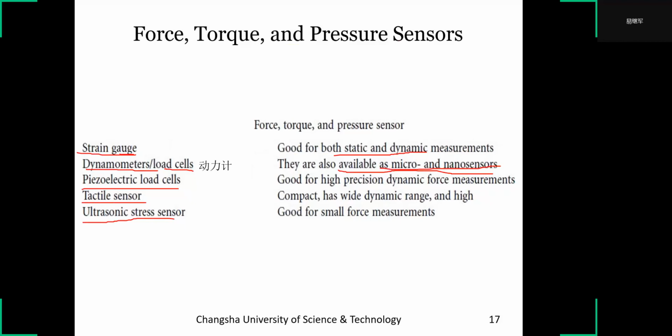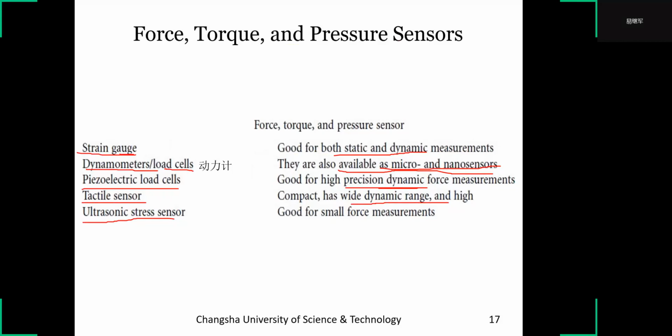Piezoelectric is good for high precision dynamic measurement. Tactile sensor has a wide dynamic range and high precision.